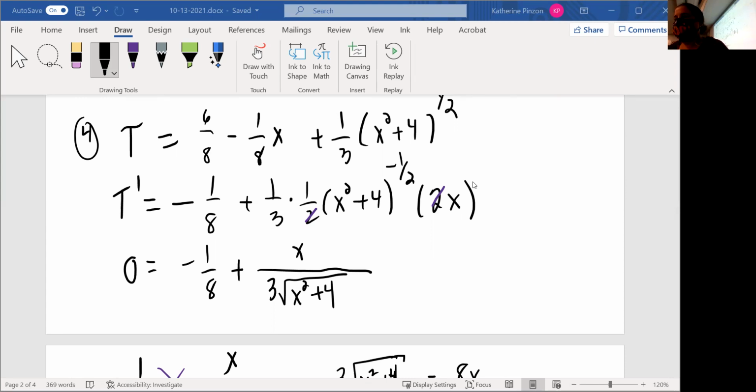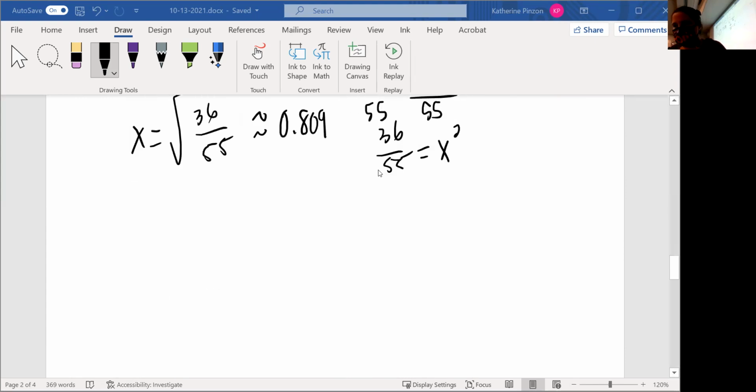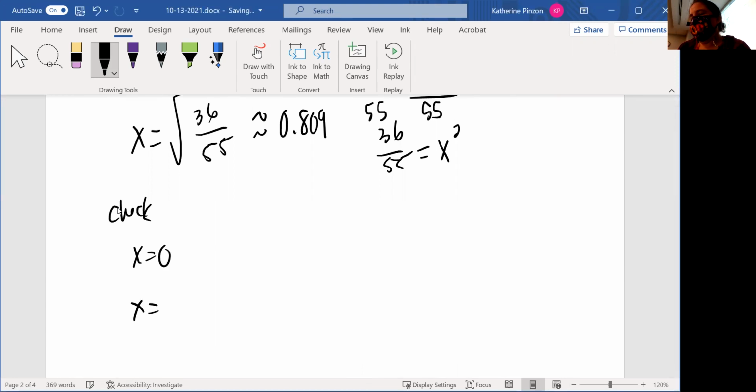So our critical point, yep, is x equals 0.809. So what 3 points do I need to check? 0, 0.809, and 6. Where am I checking them?